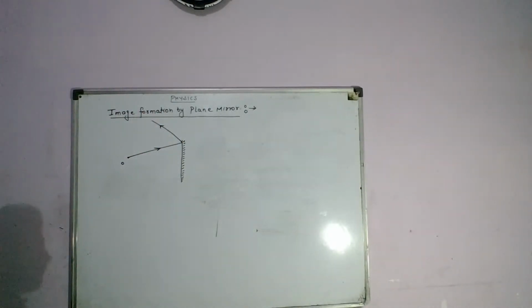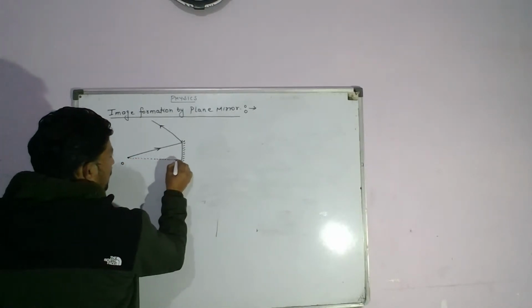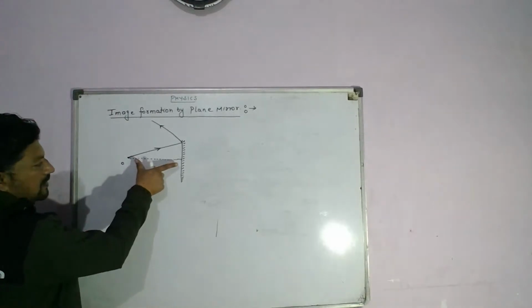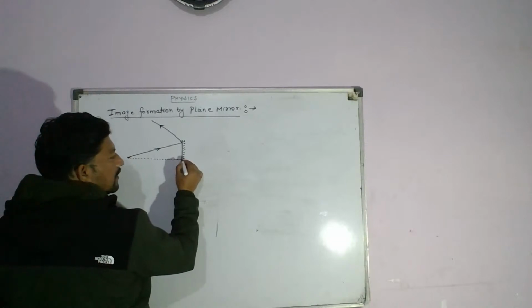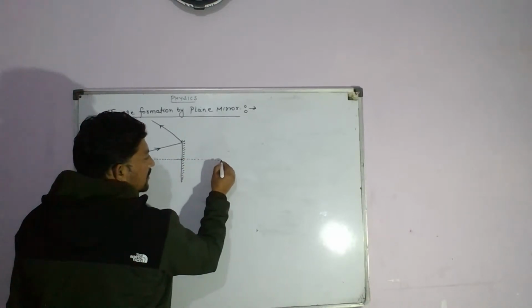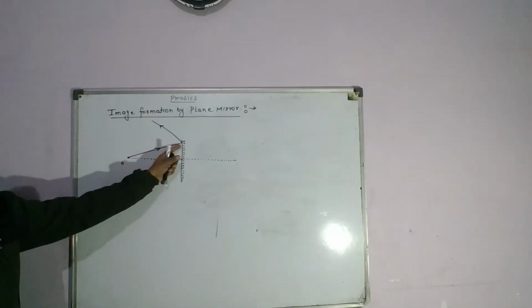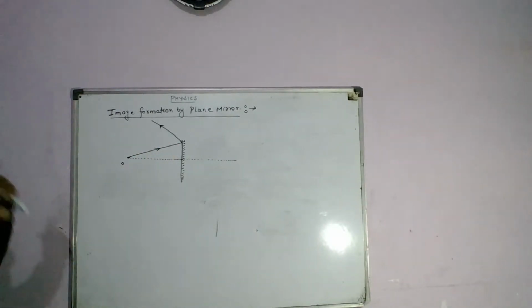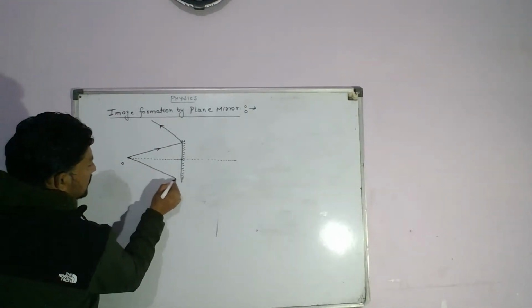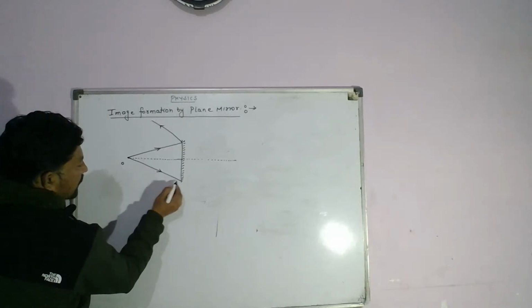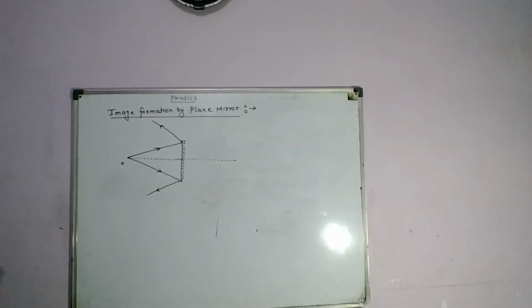This distance from the mirror is, suppose, 5 centimeter, so this side is also 5 centimeter. If the incident ray strikes this point, it reflects outside, and the same concept applies in the lower case. The incident ray strikes this point and reflects like this. There are so many cases.